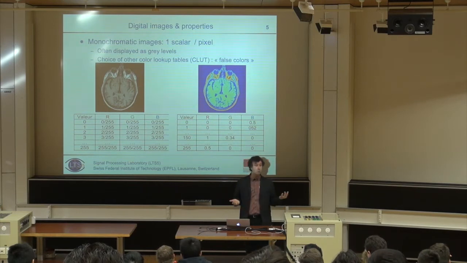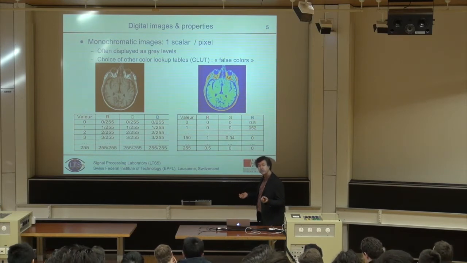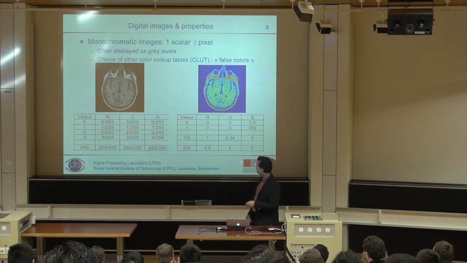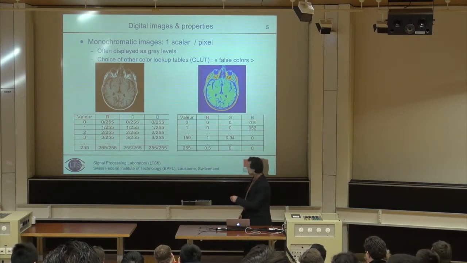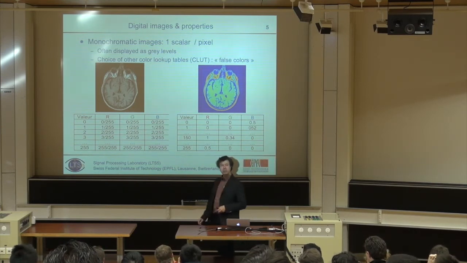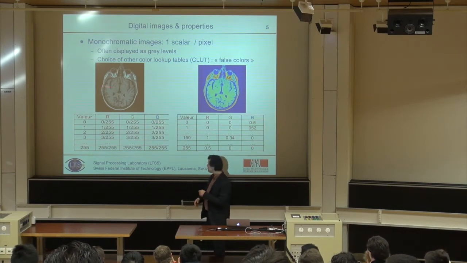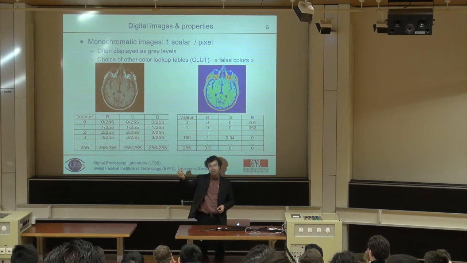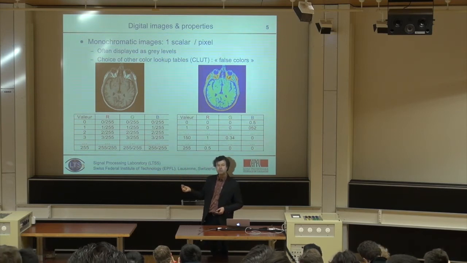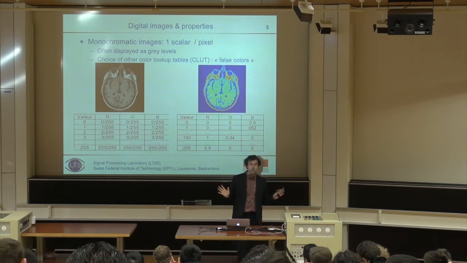That's the basic image that you can consider, but still a lot of applications. And when you display that, you generally display it like that. I measure a value, and I consider that that value is a grayscale value. The higher the value, the brighter the pixel. But this is just a convention, right?